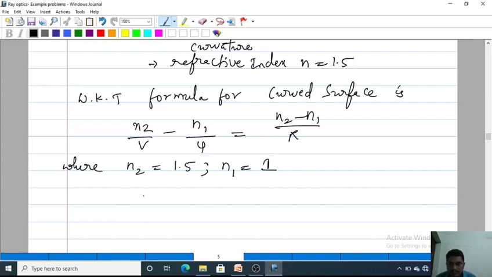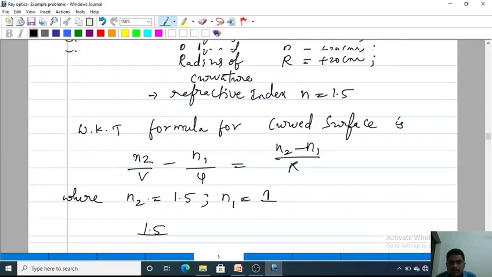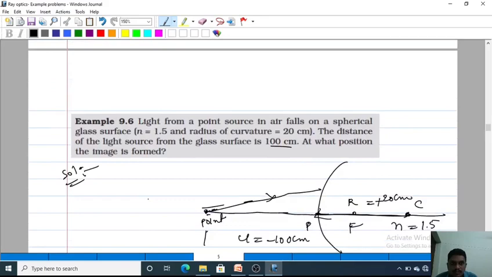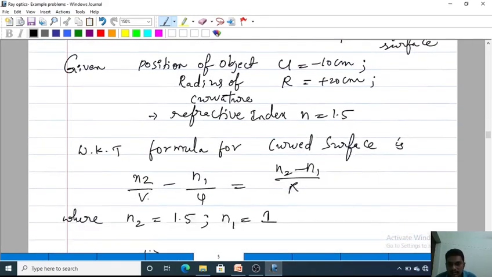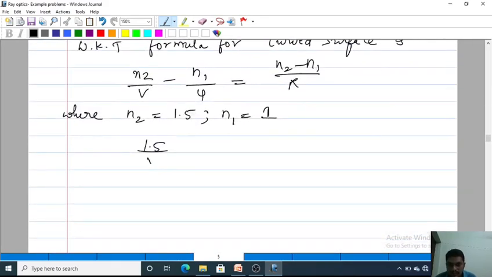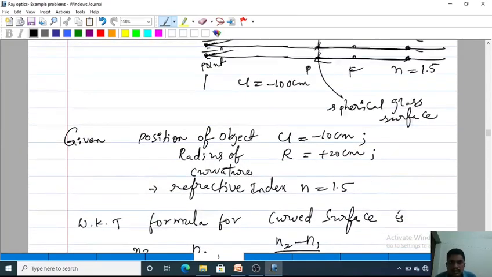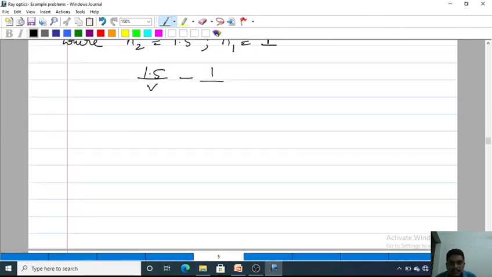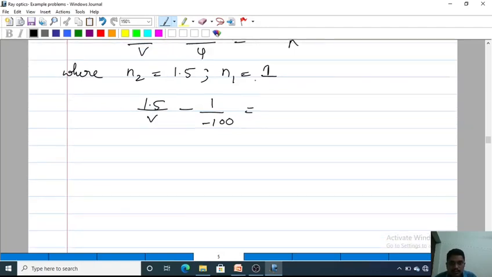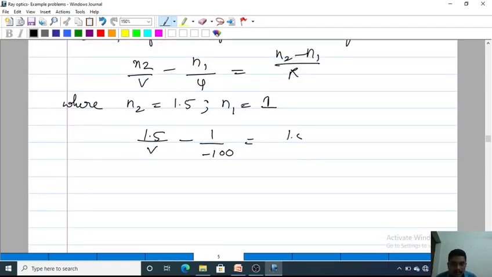Substitute all the known values, we will get 1.5 divided by v, the image distance. What is asked is the position of the image, so that is what we need to find. So I will keep it v only, minus n1 is 1 by u, where the object is located at 100 centimeters, so it is minus 100, equals n2 minus n1, that is 1.5 minus 1, by R, the radius of curvature is given as 20 centimeters.